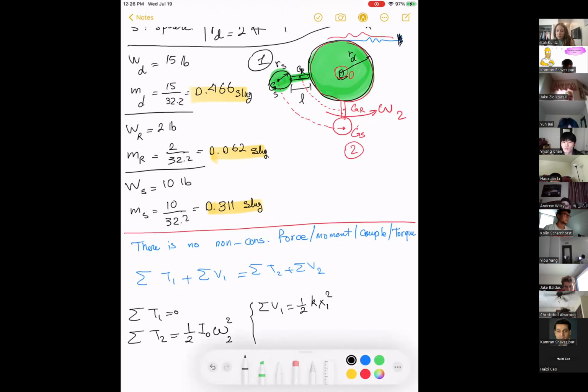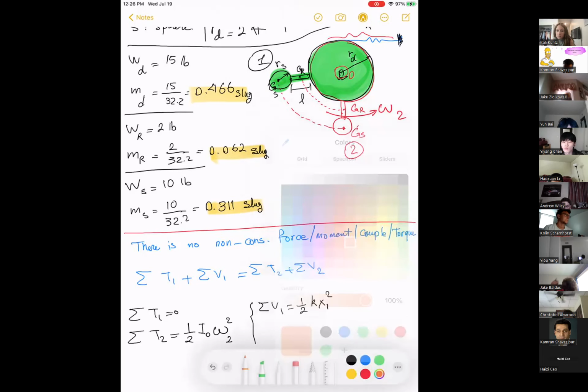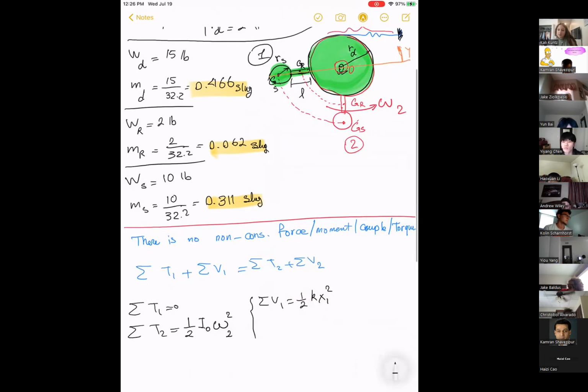So let's select this line as my reference for Y, the line that goes through the center of mass for all of them. My plot is not as nice and accurate. This is Y, right? So if that's the case, then the initial gravitational potential energy is 0.